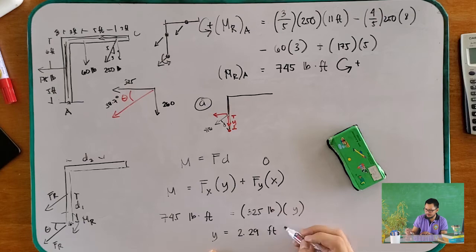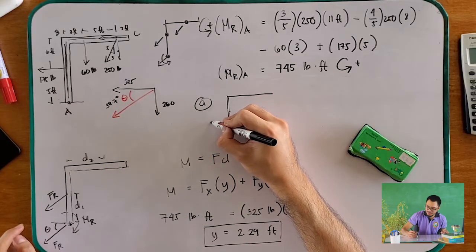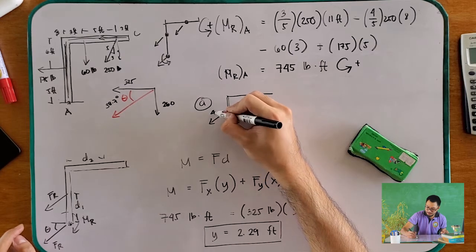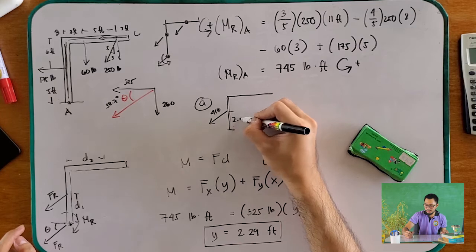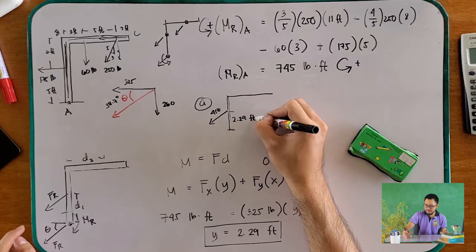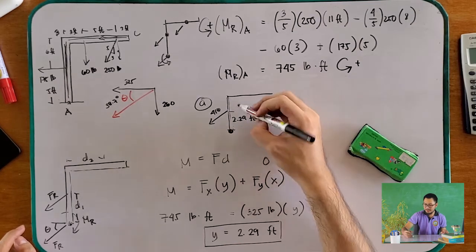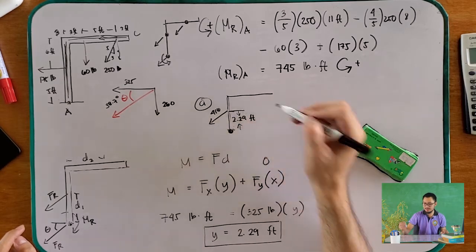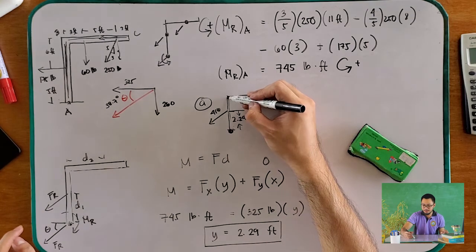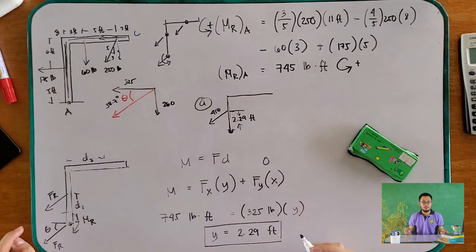feet. So therefore, your 416 pounds should be located 2.29 feet from point A along your column AB.